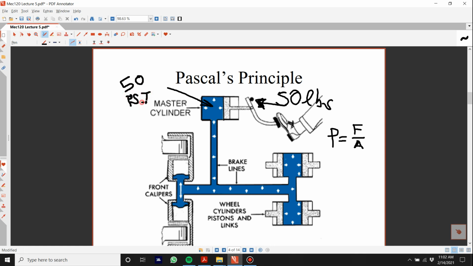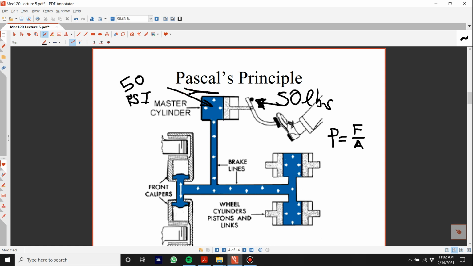I lost my document camera, so you're going to have to suffer with my text on the screen here. So by pushing this lever in, hitting this piston, we're producing 50 psi in this fluid system, and we have all these brake lines or tubes going all over the place.